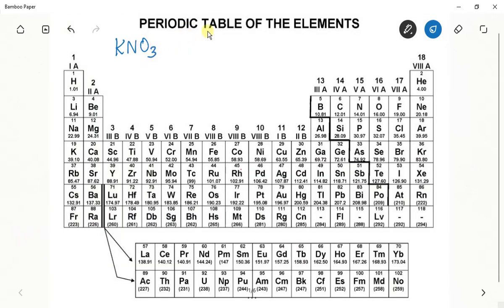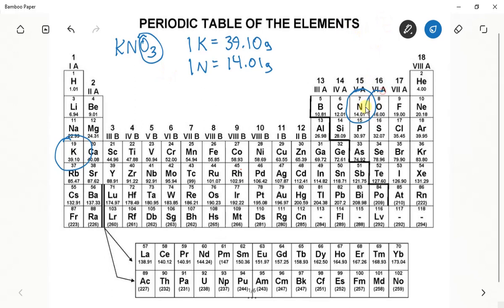So KNO3, that means we have 1 mole of potassium, which is right here, which is 39.10 grams in a mole. And then we have 1 mole of nitrogen, which is right here, which weighs 14.01 grams. And then we have 3 oxygens.